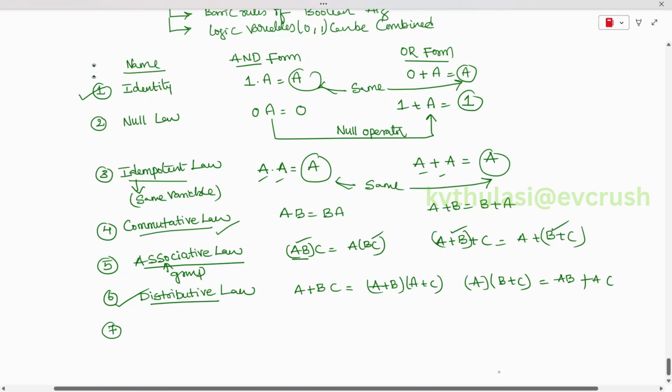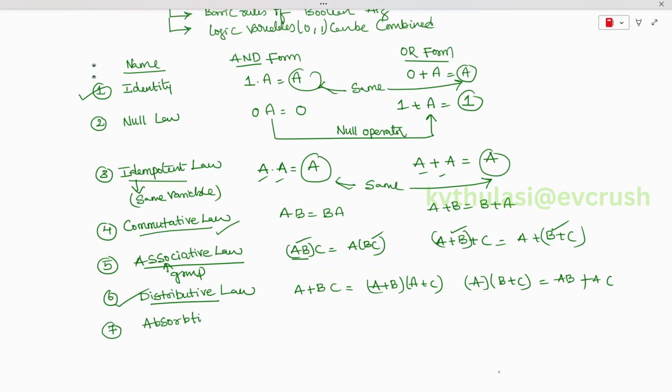Coming to the next law, the absorption law. Here one variable will get absorbed.